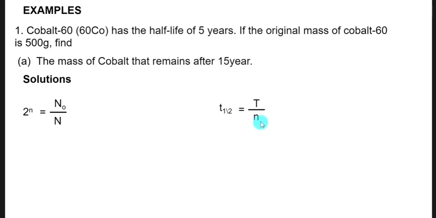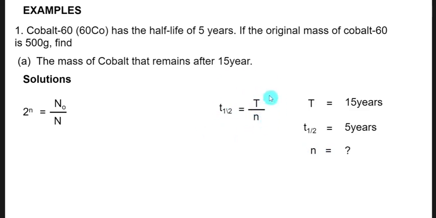So when we go to this question, we are told the mass of cobalt that remains after 15 years. So 15 years is the total time. Then we are told half-life is 5 years. Then n is unknown. Then here we'll make n the subject of the formula.